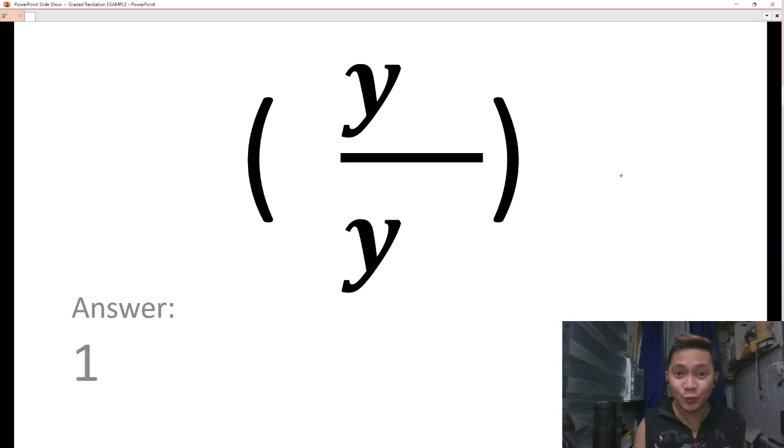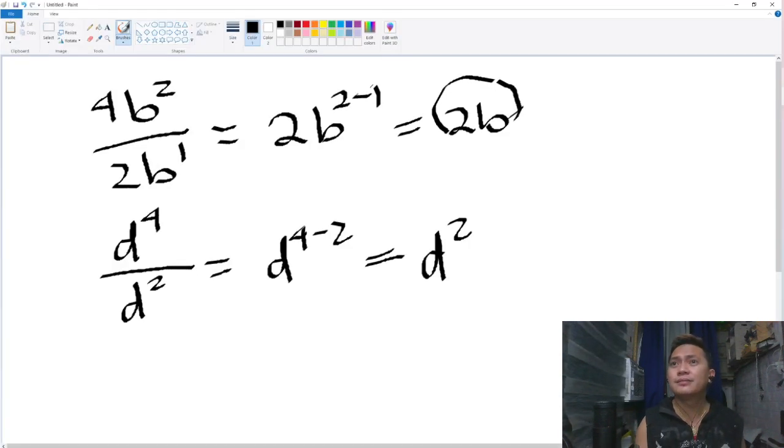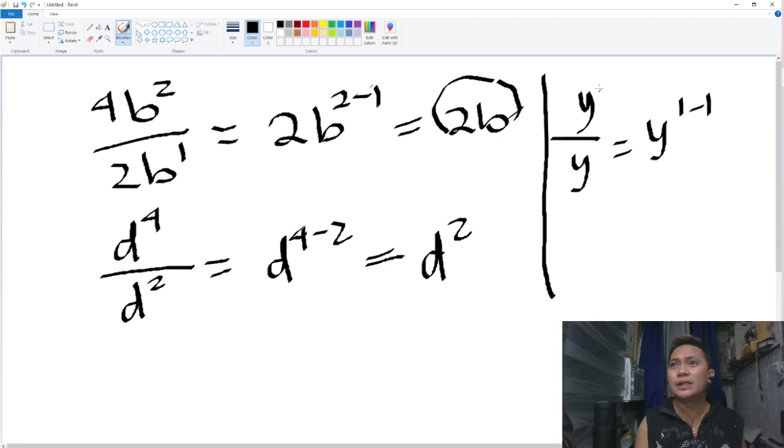So as you can see, y raised to 1 minus y raised to 1, 1 minus 1 is 0. So y over y is equal to y raised to 1 minus 1, which is equal to y raised to 0.